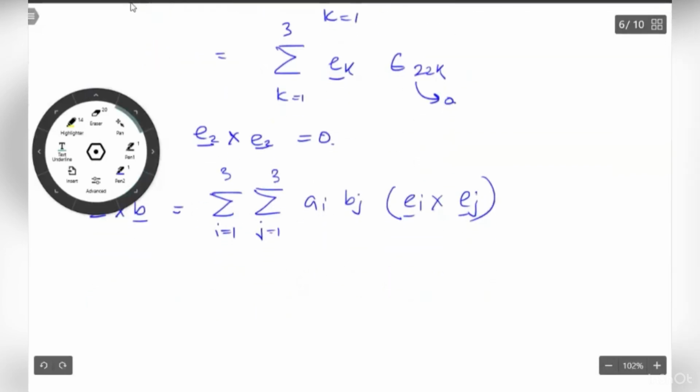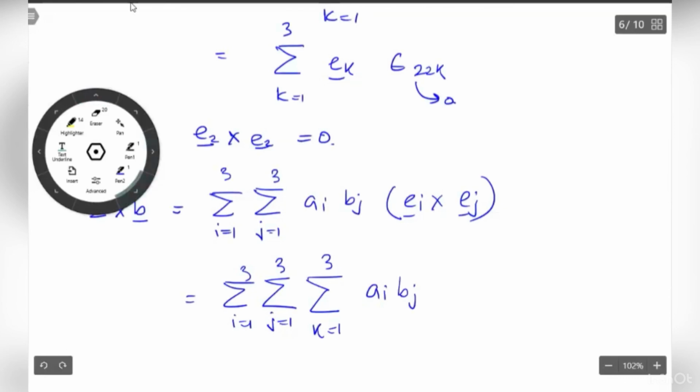It was like that, and then if you substitute the summation of k equals 1 to 3 of ek epsilon ijk, you will get the summation over i, j, k equals 1 to 3 of ai bj epsilon ijk ek. I should not put a bar below ai because this is a scalar.